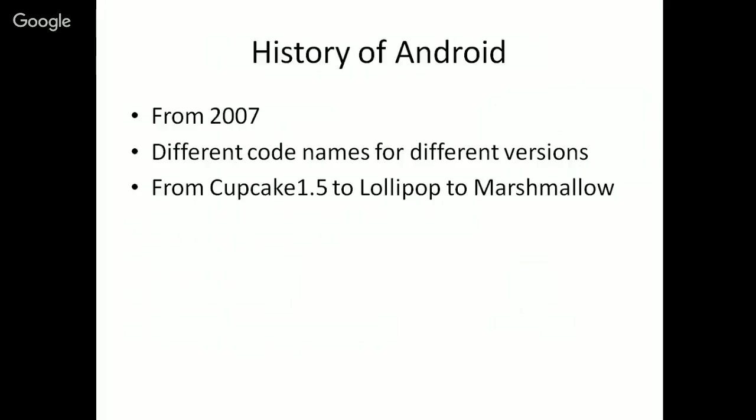The first version was Cupcake 1.5, and the latest version of the Android operating system is Marshmallow. There are different versions from Cupcake, Lollipop to Marshmallow. Jelly Bean was one of the widely known versions which made Android applications and Android projects hugely popular throughout the world.